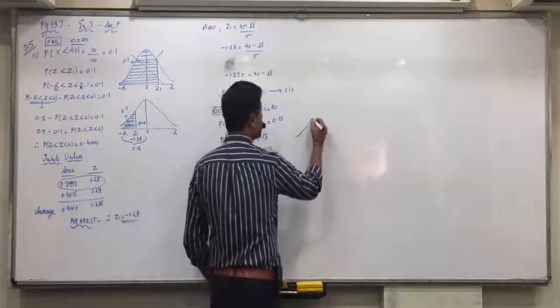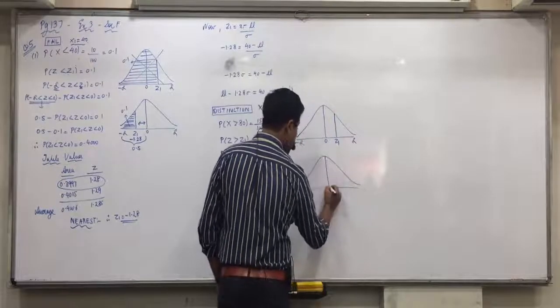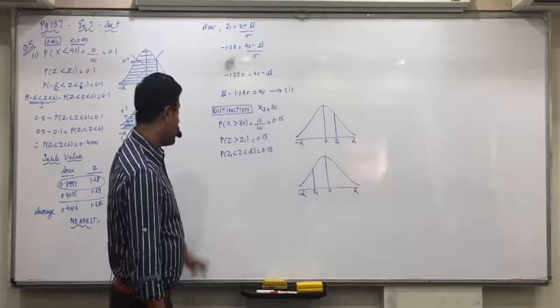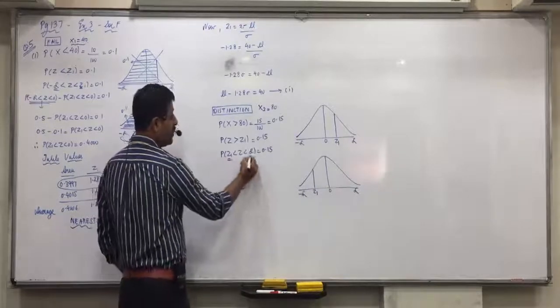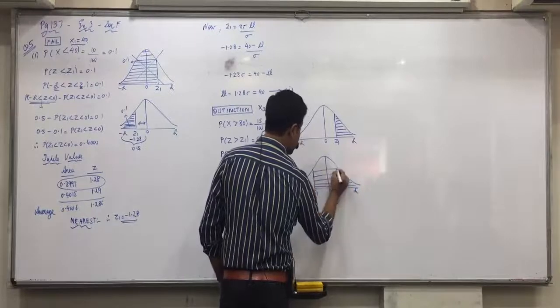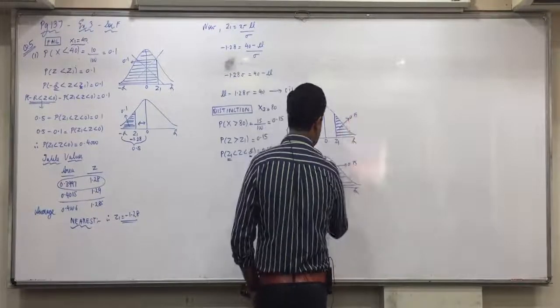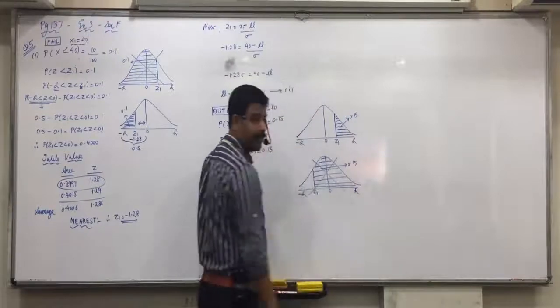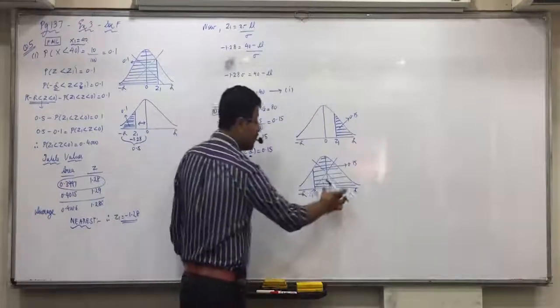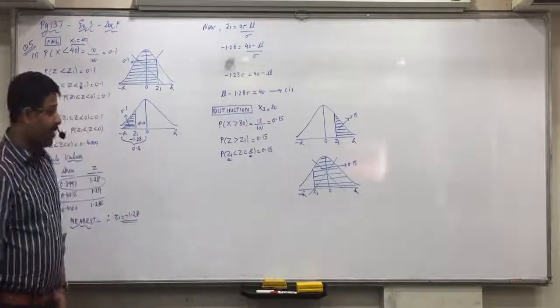Now two diagrams. In one diagram Z1 on the right side, in another diagram Z1 on the left side. We have to do the shading between Z1 and infinity in both the diagrams. This region is given as 0.15. Second is not possible, because if this itself is 0.5, then the sum of two areas should be more than 0.5.